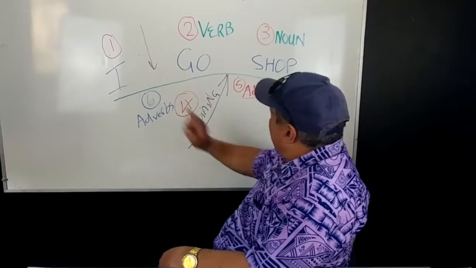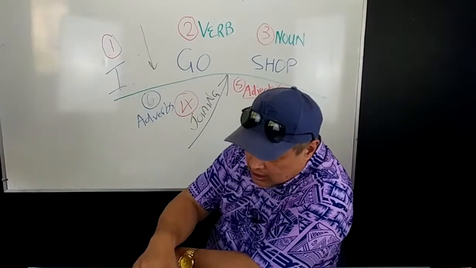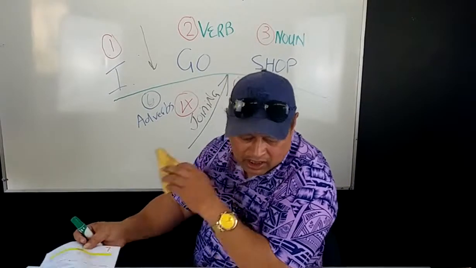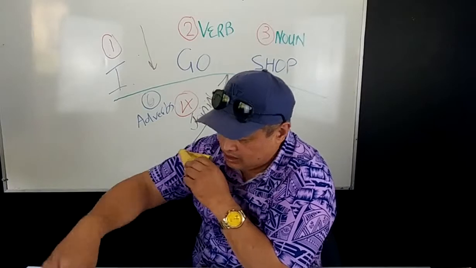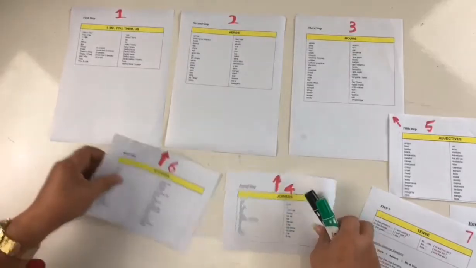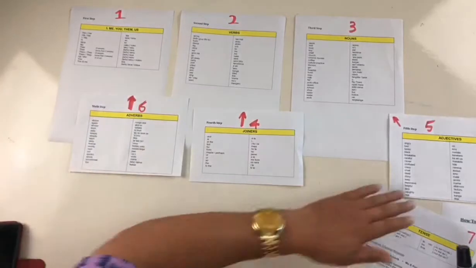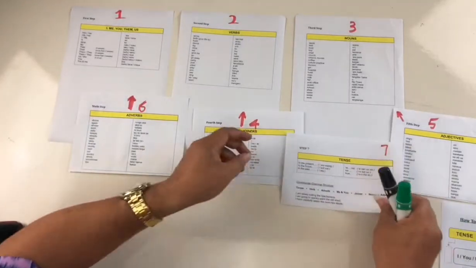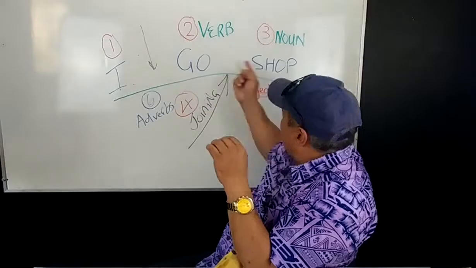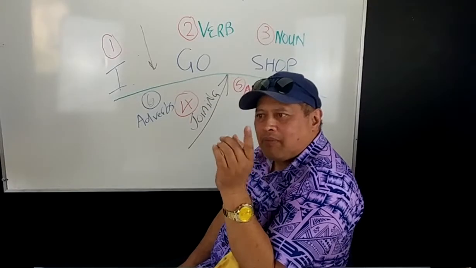And then after that is number 7. I've just got it all put in front of me. Number 7 is the tenses, like "I go to the shop." That's present tense.